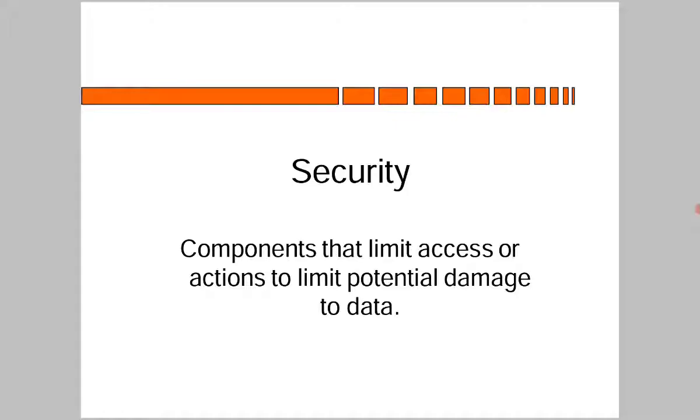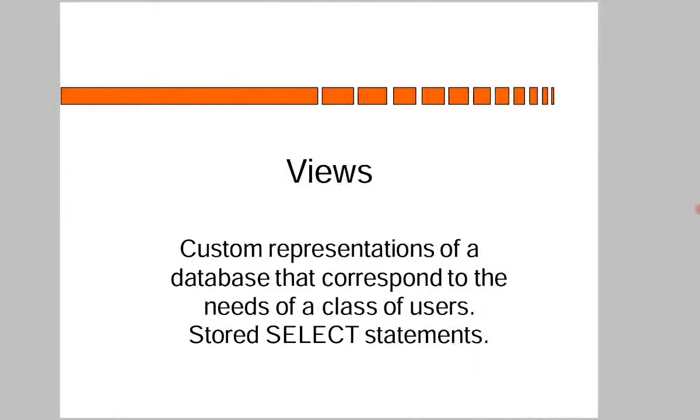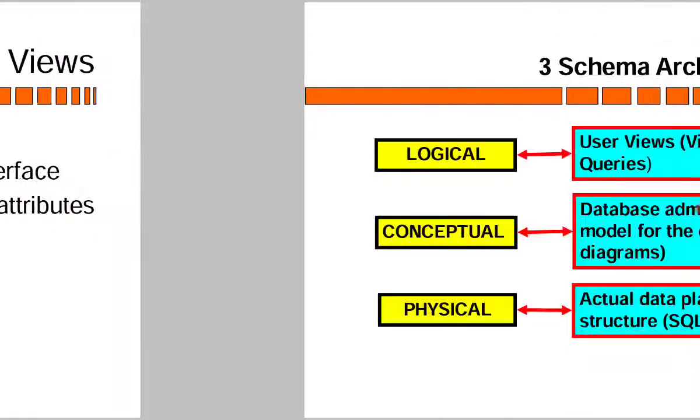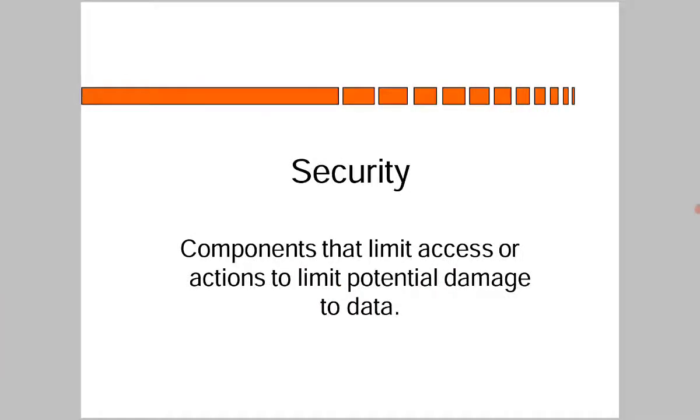Another feature of the database is security. Another functionality of DBMS is to provide security. Components that limit access are actions to limit potential damage to the data. Why do we require security?